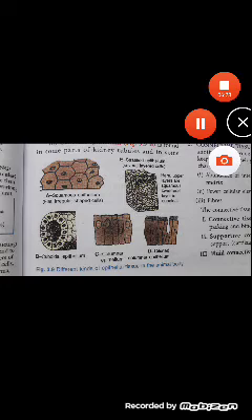Next we can talk about columnar epithelium. At some places in the body, columnar epithelium contains vertically arranged cylindrical or brick-like cells.